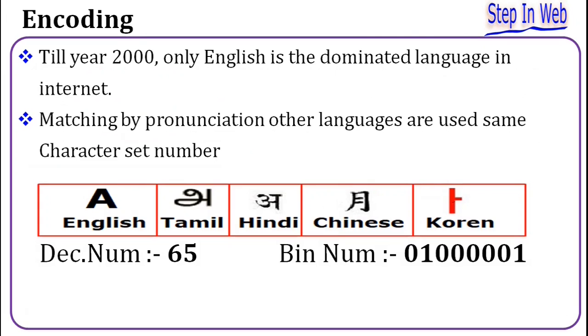So, by matching pronunciation, people developing other languages assigned the same binary numbers to their characters. For example, here I have shown 5 languages. Those 5 languages have different characters, but the pronunciation is almost equal to the English letter A. So they used the binary number of the English letter for their characters. Here the confusion started.